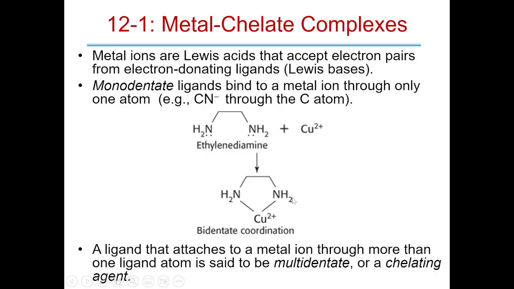This would be didentate right here, where it's binding in 2 places, right? Or multidentate, multiple dentate, multiple toothed, biting in more than one. So anything that binds one ligand atom more than once to a metal is a multidentate or a chelating agent.